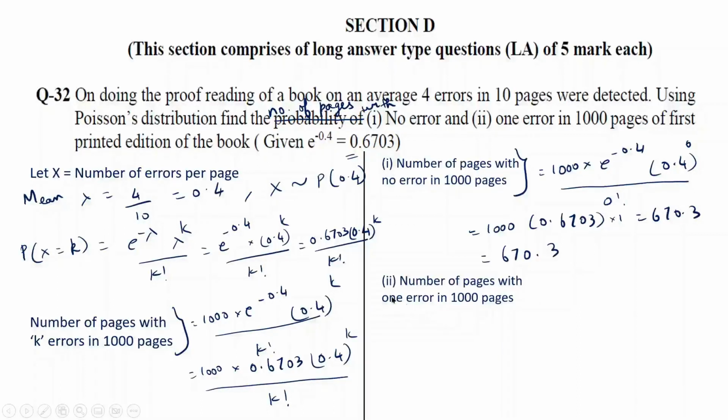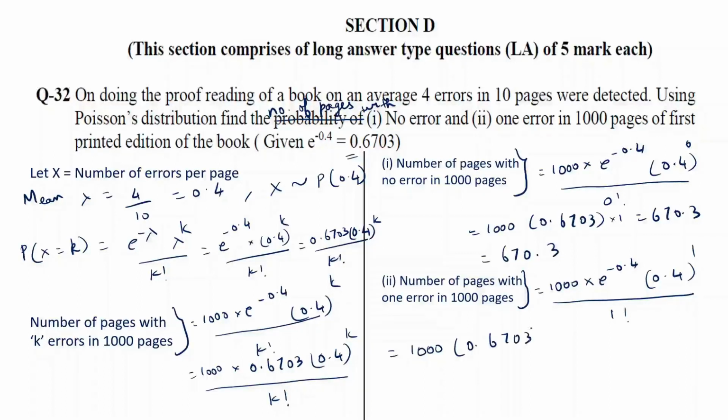And next we have number of pages with 1 error in 1000 pages. Here we have k as equal to 1. So this is equal to 1000 into e raised to minus 0.4, 0.4 whole raised to 1 upon 1 factorial. So this is 1000 into 0.6703 into 0.4.